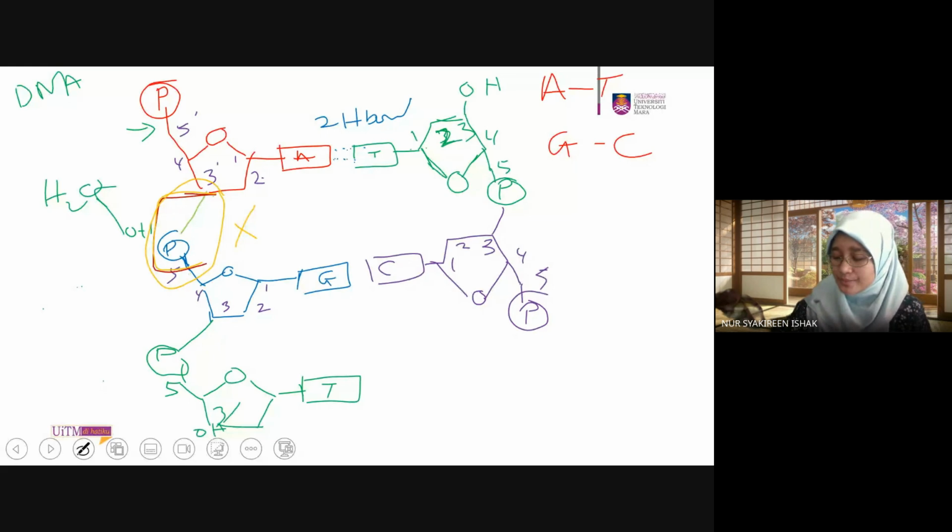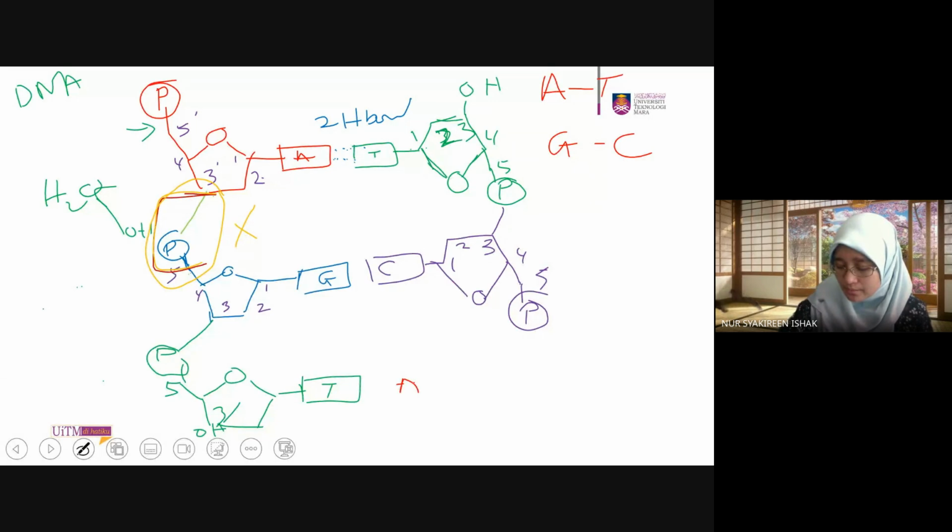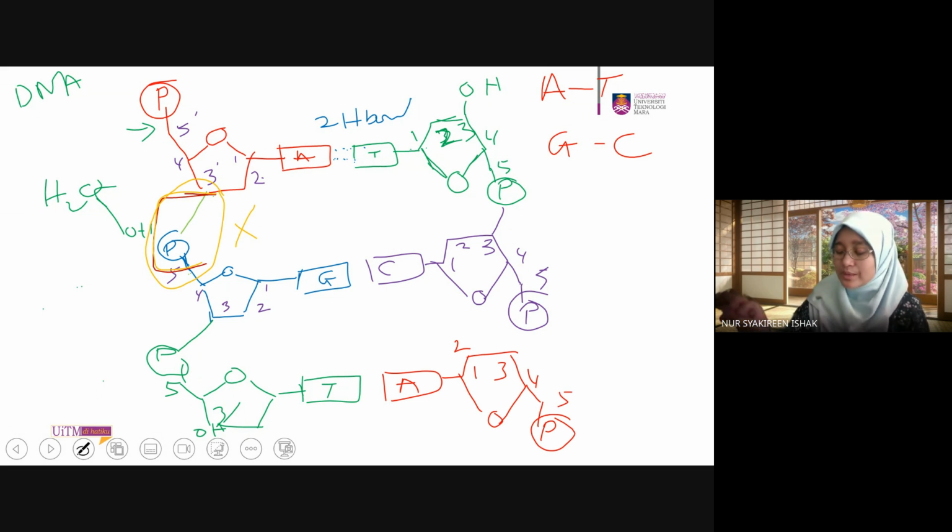Like that. This one, thymine, pairs with adenine. Adenine I draw in red. The base, the nucleotide structure bonded to a 5 carbon sugar, with oxygen here, and then the phosphate. So this is carbon number 1, number 2, number 3, number 4, number 5. The phosphoester bond is between phosphate and carbon number 3.